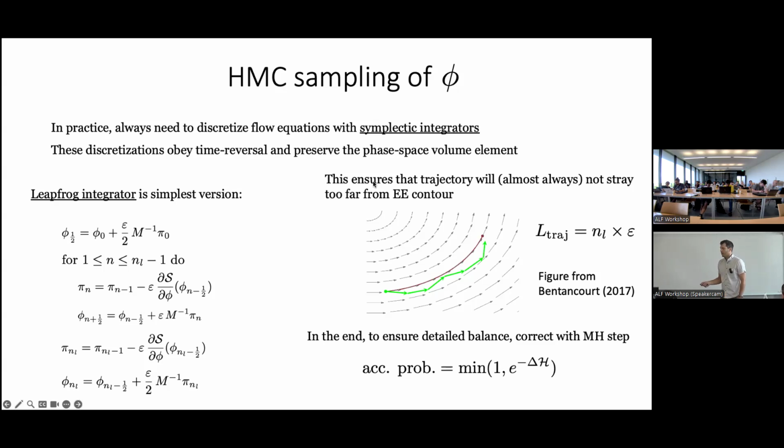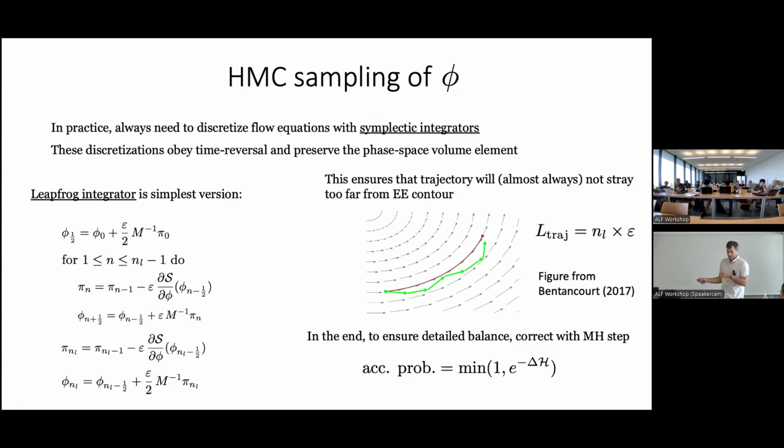Before I explain what that means, I'll give one simple example. This is the one that is most commonly used. This is the simplest symplectic integrator, which is called the leapfrog integrator. So what you do is you update your φ field, choosing some discretization, which is the step size. You call that epsilon.